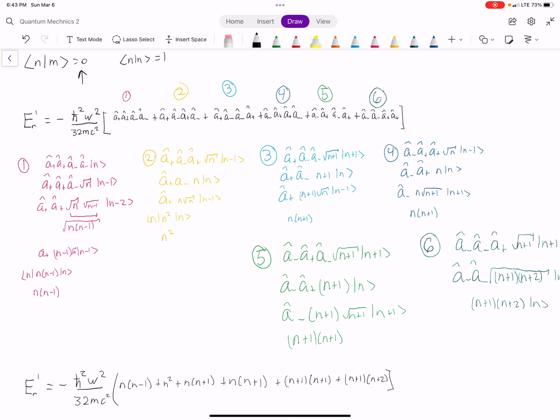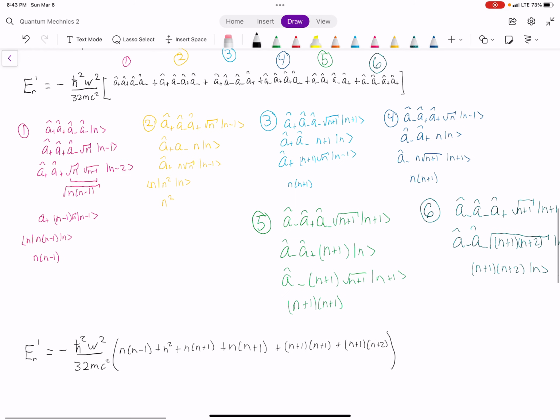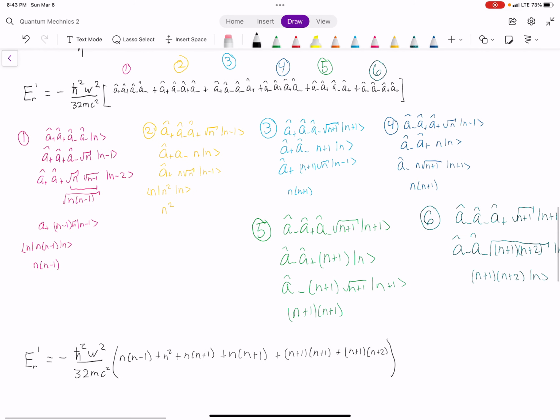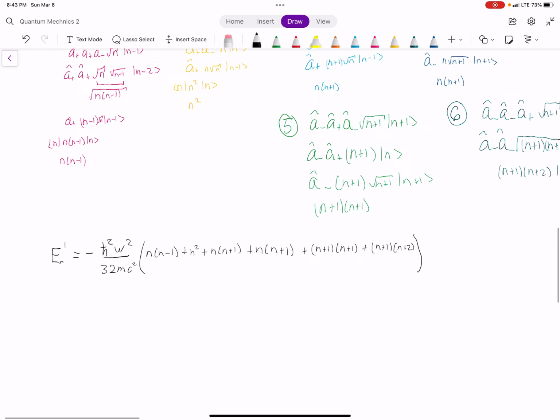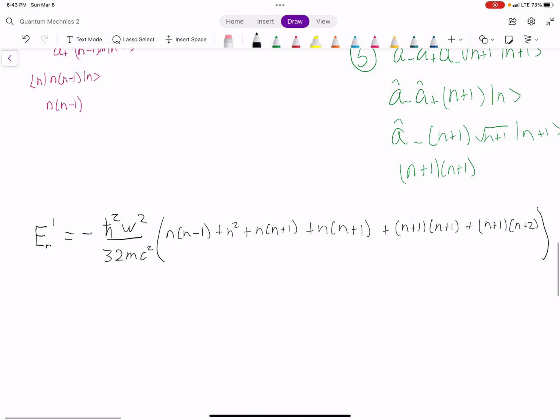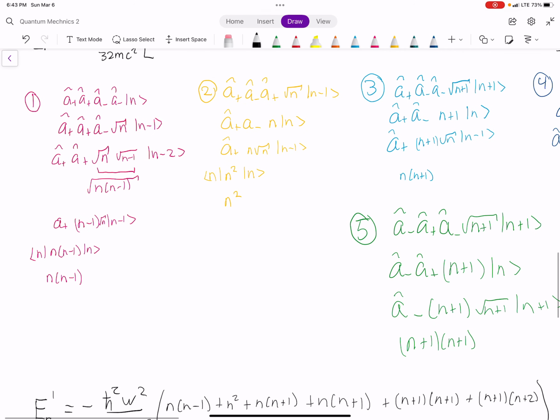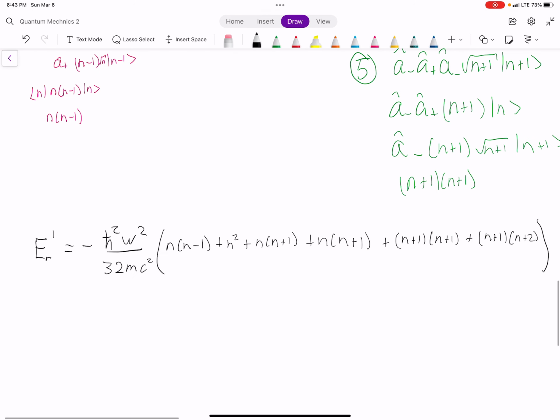Okay, I think I did this correctly. Just double checking. I think we're good. 1, 2, 3, 4, 5, 6. Okay, yeah, we're good. I was getting kind of confused with what I wrote down, what I had here on the number list, but I think we're good. Well, let's go ahead and distribute.